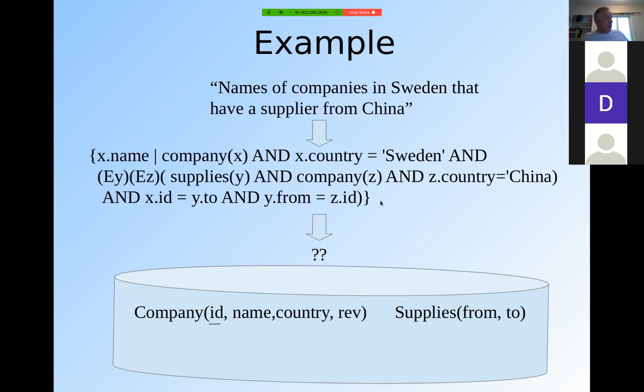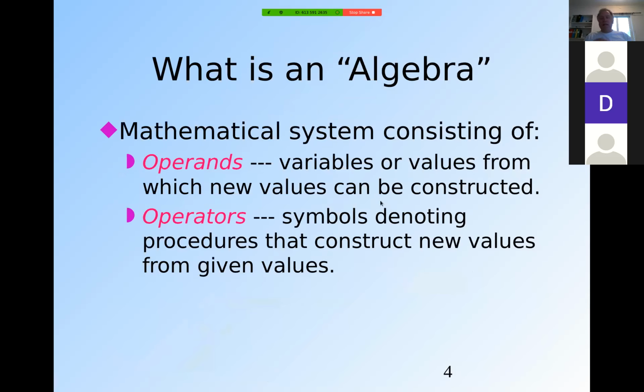Okay, so first of all, let's talk abstractly about what an algebra is. We're going to be covering relational algebra, and mathematically, what is an algebra? It's basically a set of operands, things that you can work over. In the classic algebra, this could be the real numbers.